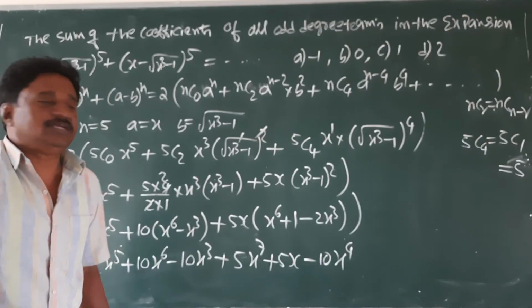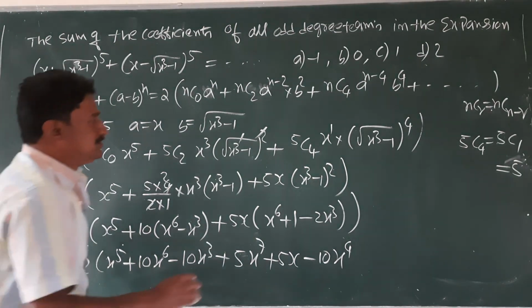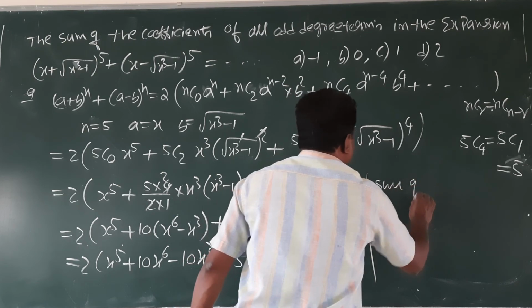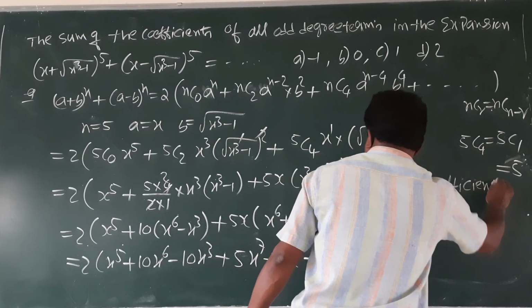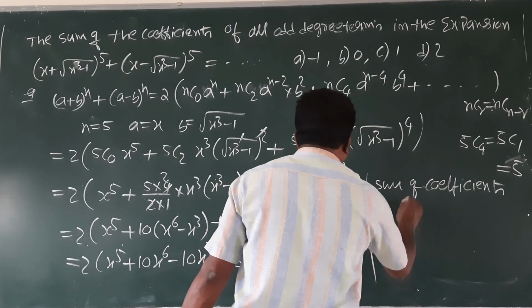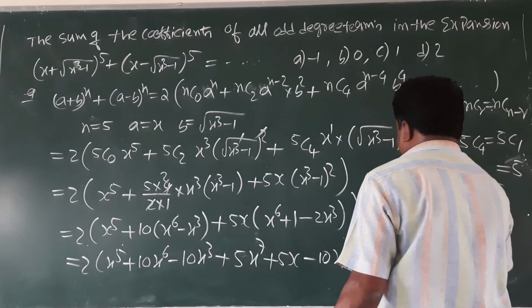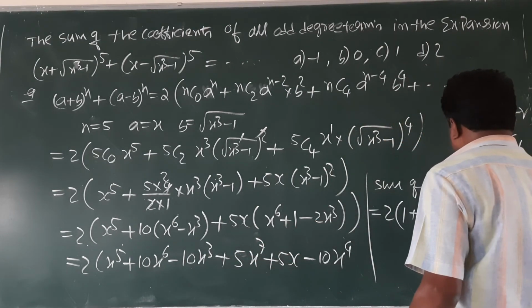Sum of coefficients is required. You collect only the coefficients. So 2 into 1 plus 10 minus 10 plus 5 minus 10.